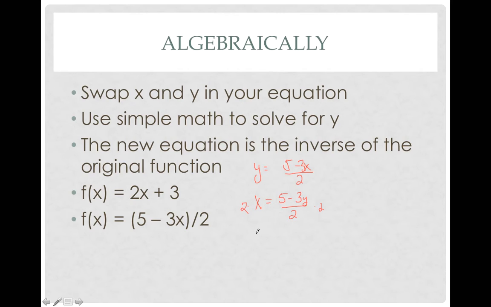So multiply by 2, minus 5, don't forget your negative 3y there, and divide by negative 3. So y is equal to negative 2/3 x plus 5/3. This is f inverse of x.